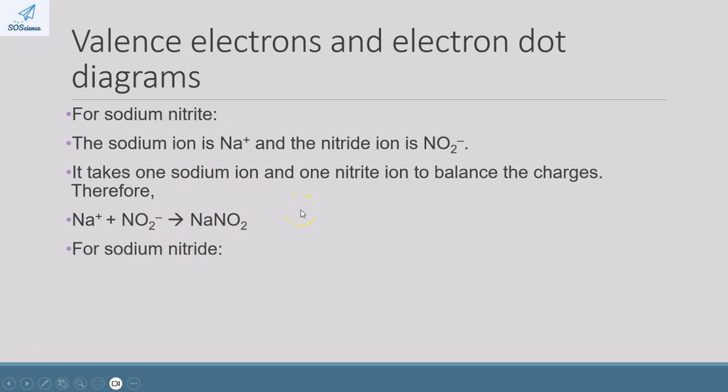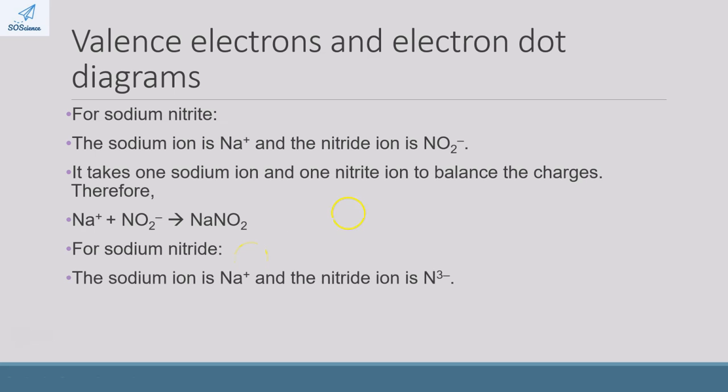And let's be careful with sodium nitride. The nitride ion is just the ion that nitrogen makes, and based on the column where nitrogen exists on the periodic table, the nitride ion is simply N3-. So this comes from the periodic table, whereas nitrate and nitrite come from the table of ions.